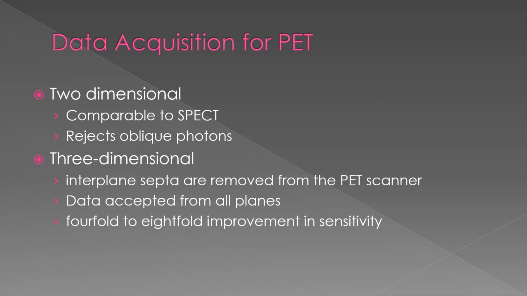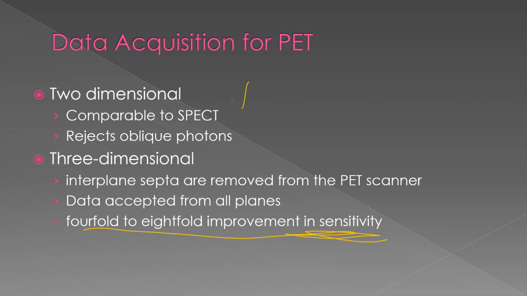We still have that for PET, but we also have a choice of 2-dimensional or 3-dimensional. 2-dimensional is comparable to SPECT, where it rejects oblique photons, but 3-dimensional allows for those photons to count if they hit opposite of each other. This allows for a 4 to 8-fold increase in sensitivity because you're accepting more counts.